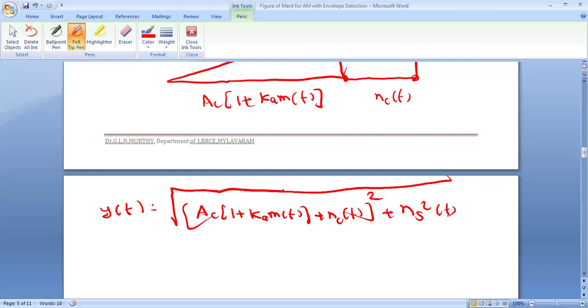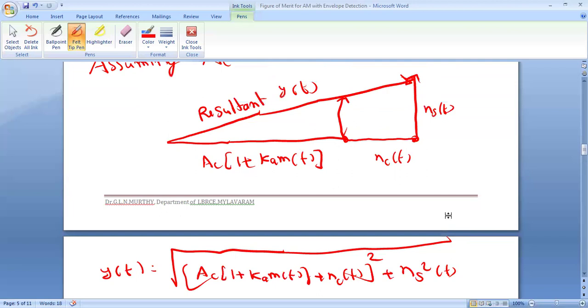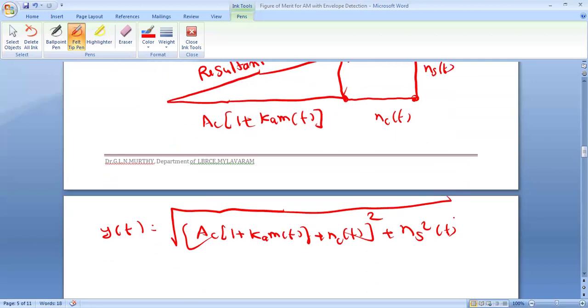Is it clear? Because the cos term and sin term are 90 degrees against each other, the resultant y of t is a diagonal element to both of them. So diagonal equals root of adjacent side square plus opposite side square.